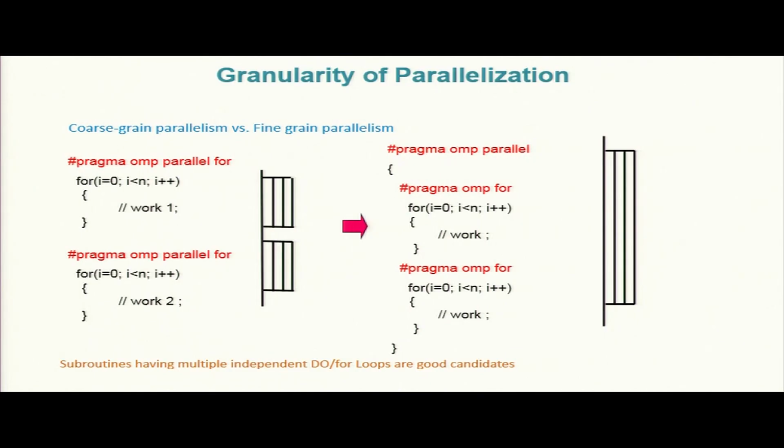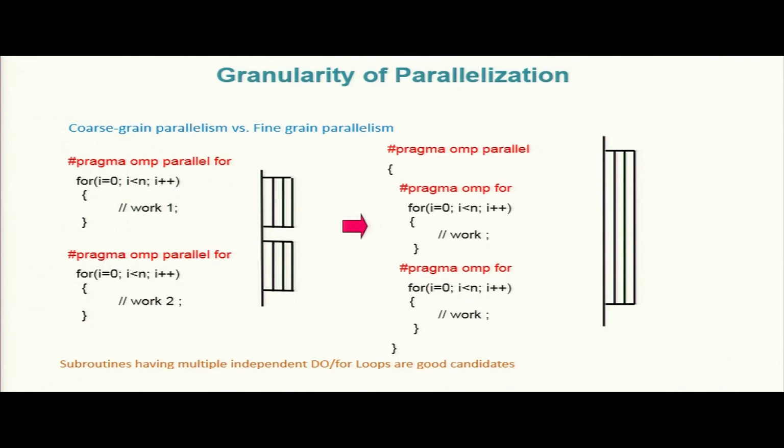Here we have two parallel regions. A parallel region is created here and terminates here. Again a parallel region is created with this parallel directive, and again it terminates at the end of this loop. So there are overheads of thread management in that. We can have a bigger parallel region instead, with OMP parallel.